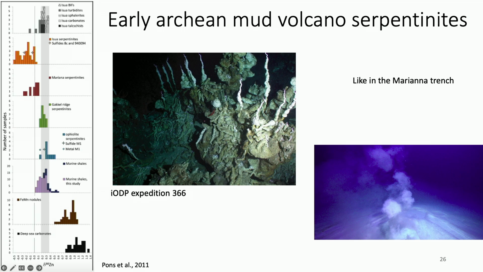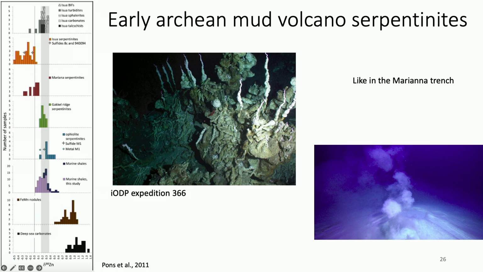What's important here? On the top, you have a number of old rocks. Here you have the Isua serpentinites that have this signature. You have, for comparison, some serpentinites from the deepest subduction trench in the world, the Mariana Trench off the Japan coast.